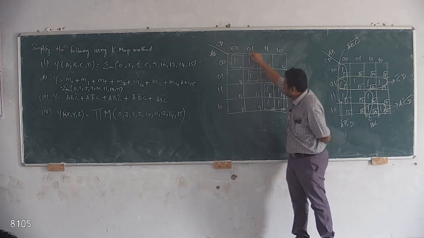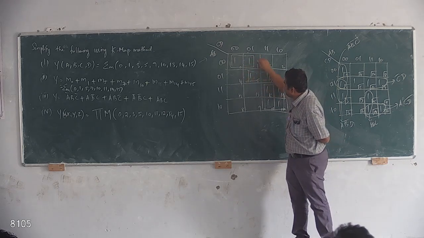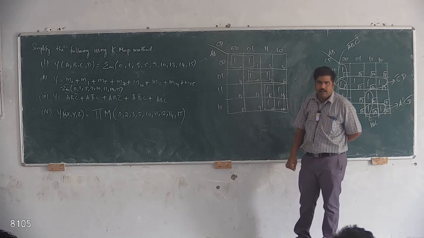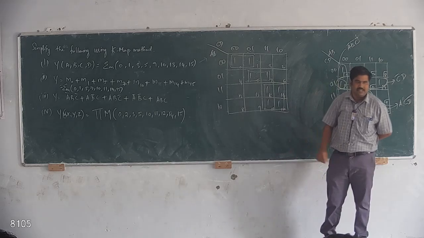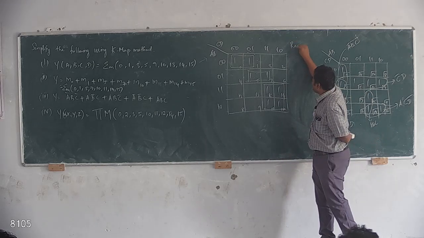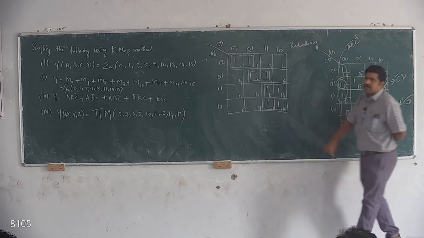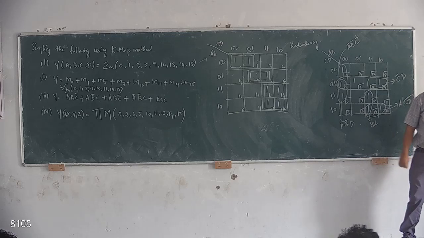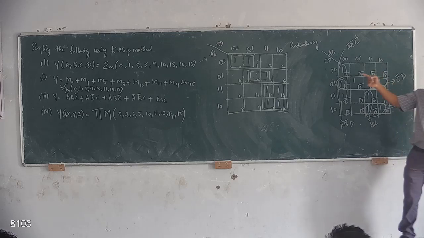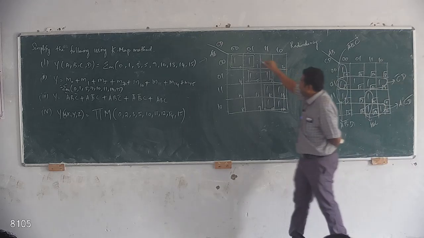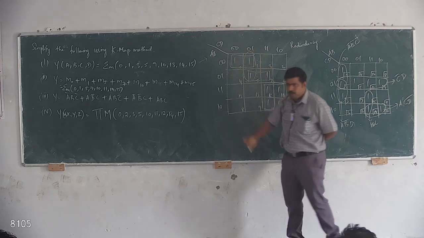If you combine this one also, it will result in redundancy. So mostly we need to avoid the redundant pair, since it is already combined with some other one. Combining like this is not wrong.